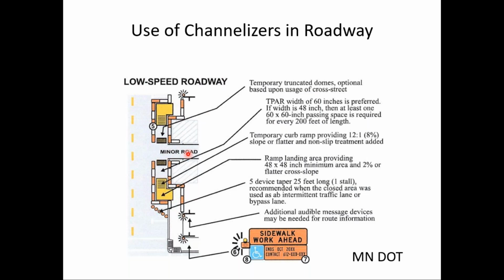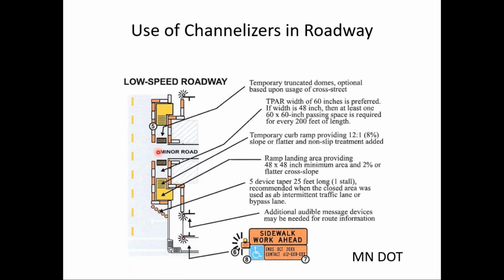And notice here, it looks like the alternate access route crosses what they call a minor road, maybe think of it as an alley in town. So it crosses an alley, so it's a vehicular way. So we have to warn the visually impaired about it because there's no curb. The pedestrians are in the street now, so there's no curb.